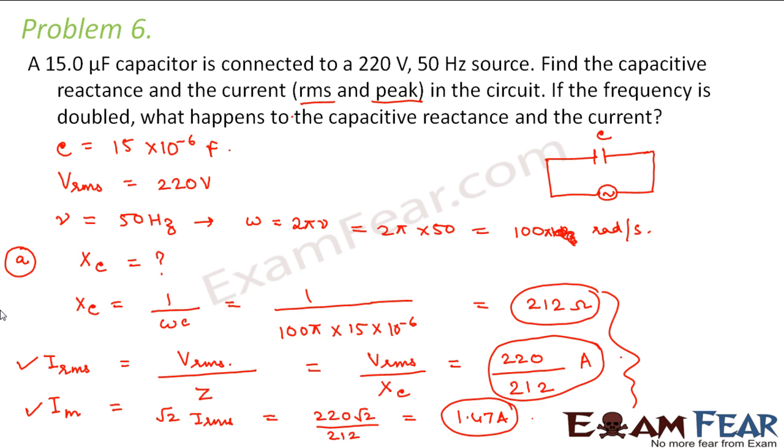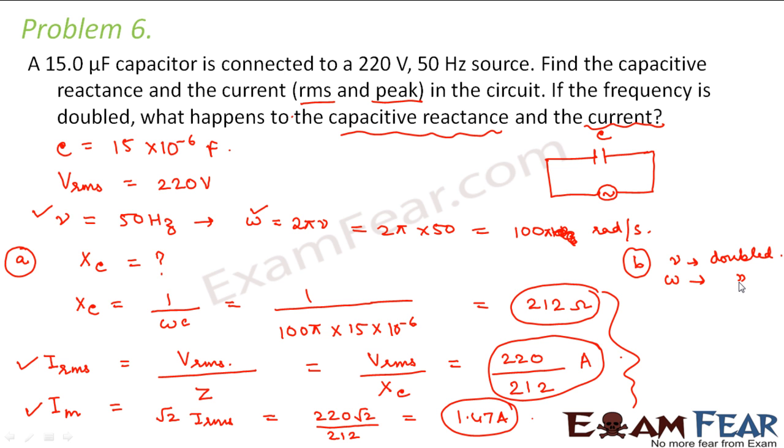Now the second part says, if the frequency is doubled, what happens to the capacitive reactance and the current? So let us look at the second part. It says that if we double the frequency, that means if nu is doubled, what will happen to the angular frequency? Angular frequency will also get doubled.